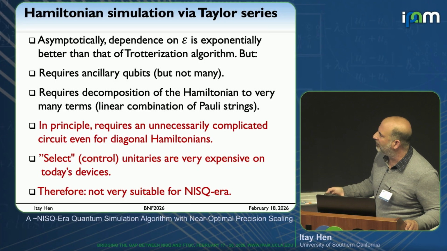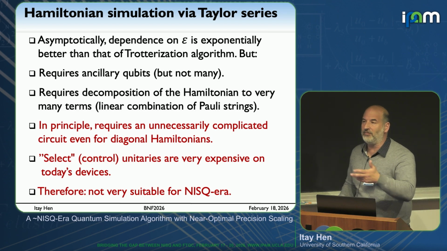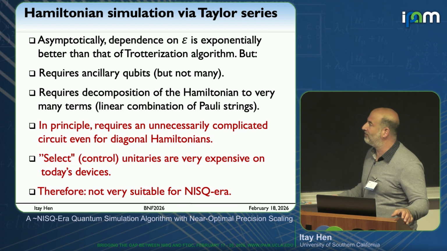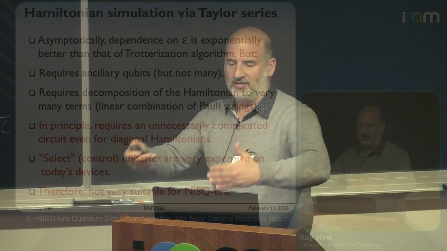So usually you write it as a linear combination of Pauli strings, and if you count them, there are many of them. So that's a problem, and the number of them permeates to the complexity of the algorithm.